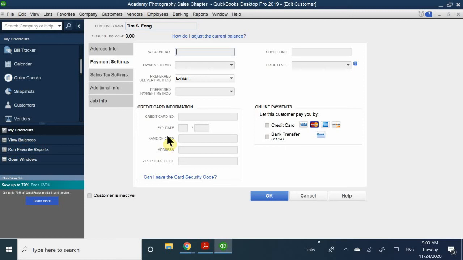So again, especially when you're using QuickBooks to your advantage and they are a credit customer, you definitely want to make sure that you save their information because it will become tedious to require your customer to re-enter their credit card information over and over again, okay? So if you have it on file, make sure that you lock your QuickBooks. They're going to require you to lock it anyway.